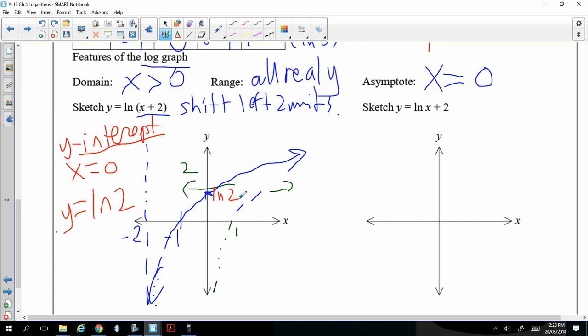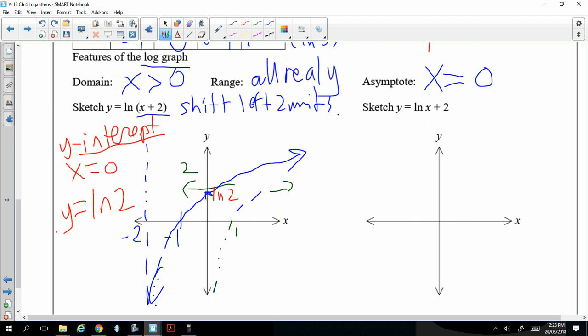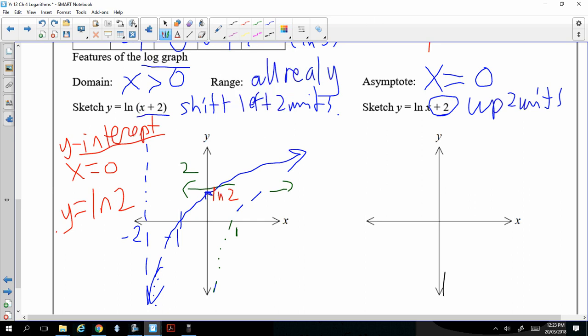Alright, how about if it's not inside the bracket, it's just plus 2. What does it do? It shifts up 2 units. Okay, so let's draw the original graph here. That's the log graph, y equal to ln x, like this. So we're going to add 2.